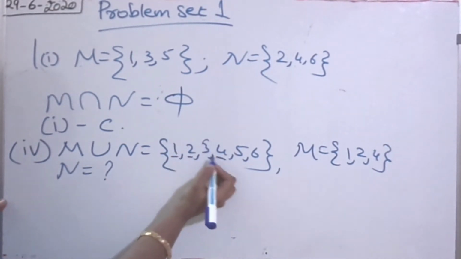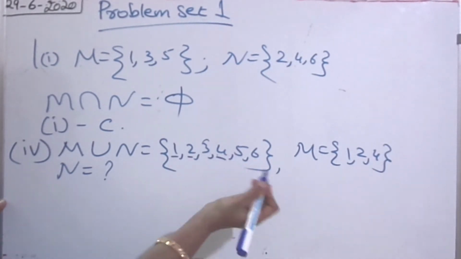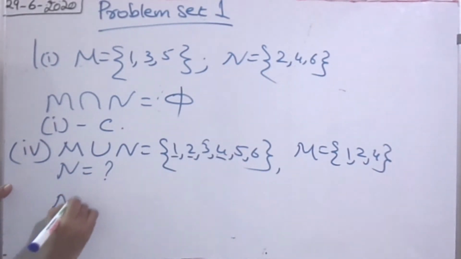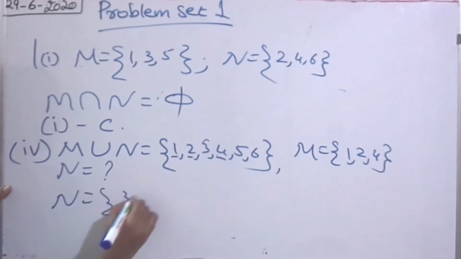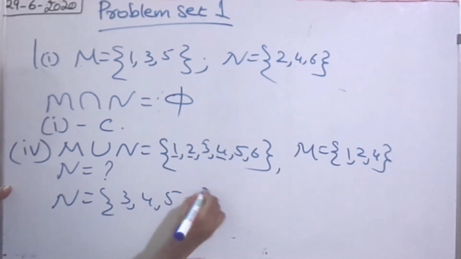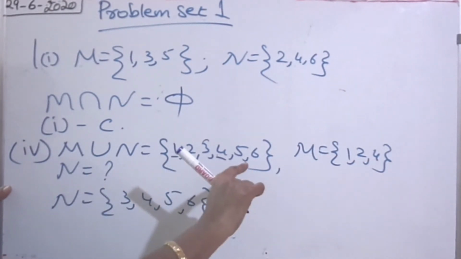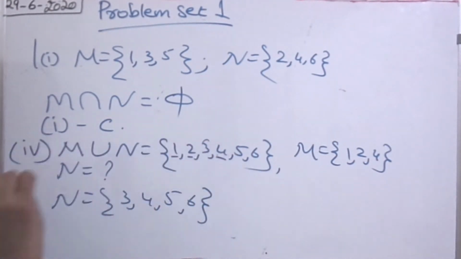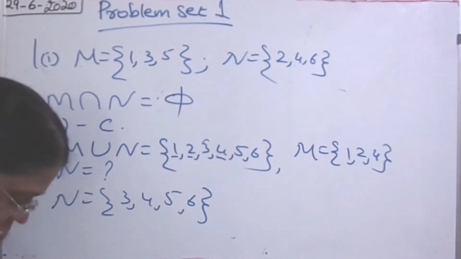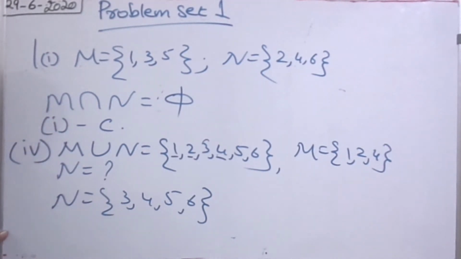The remaining elements 3, 5, 6 and one extra common element. So N can take these values, 3, 4, 5, 6. Then only when you take M union N, you will get this. 4 is common, that you write once. So N contains 3, 4, 5, 6. Which alternative is this? Fourth, B. Okay.